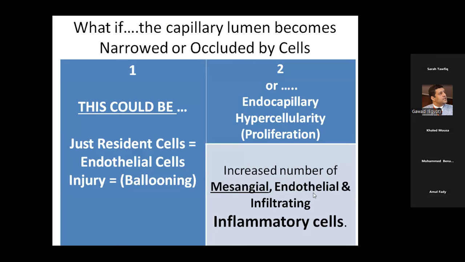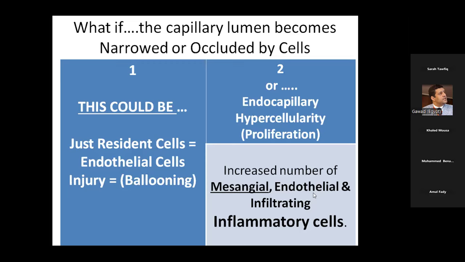Or these resident cells did not proliferate but were just injured, which will cause the thin layer of cytoplasm that we have seen to balloon when injured. So they will fill the lumen of the glomerular capillary.